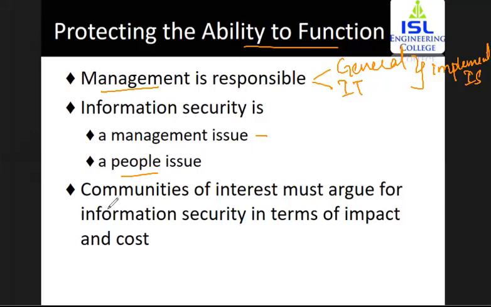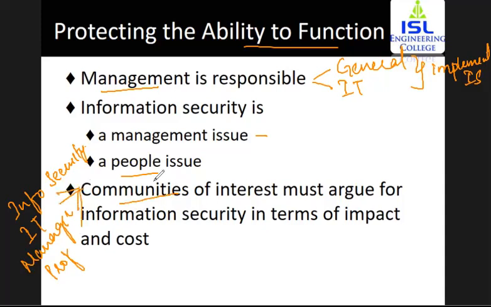The next is that communities of interest must argue for information security in terms of impact and cost. Within the communities of interest, we have studied information security management, information technology management, and other managers and professionals. These are your communities of interest.